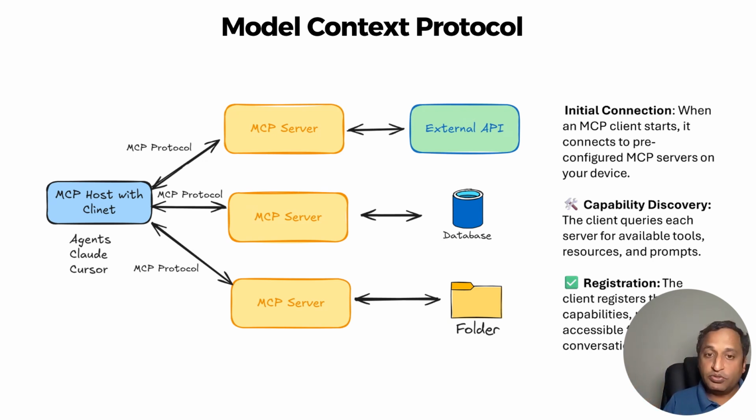If you ask a question about the sales information from the last quarter, it knows that MCP server 2 has a database tool, and it needs to connect to that tool to get the sales data. Because when the client and server initially connect, they exchange information, and the client registers which server has which capability.